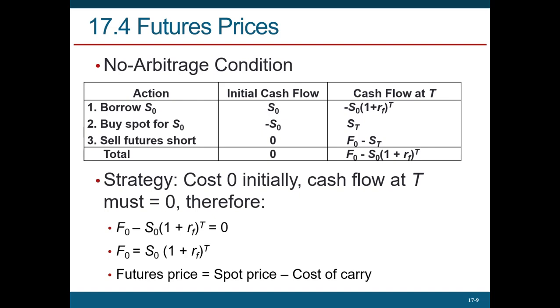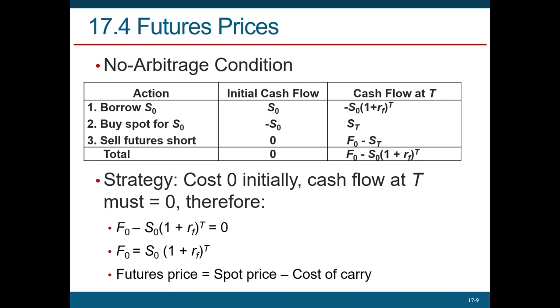And since you bought the spot for S0 at time 0, in the future that asset price will change to ST, a different price. It could be higher, could be lower, it doesn't matter here. When you take a short position in the futures contract, the payoff should be equivalent to the future price minus the future spot price of that asset.